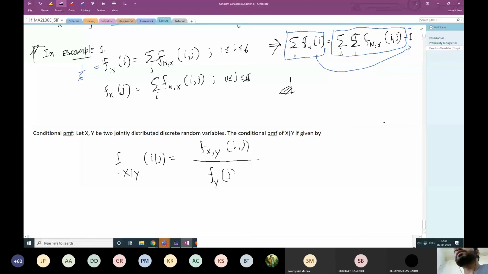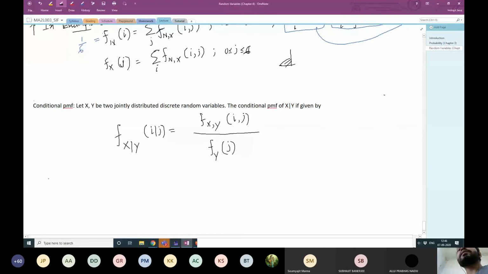Essentially what I wrote above is nothing but the fact that the probability that X is equal to i given Y is equal to j equals the probability that X is equal to i intersection with Y is equal to j, divided by the probability that Y is equal to j.